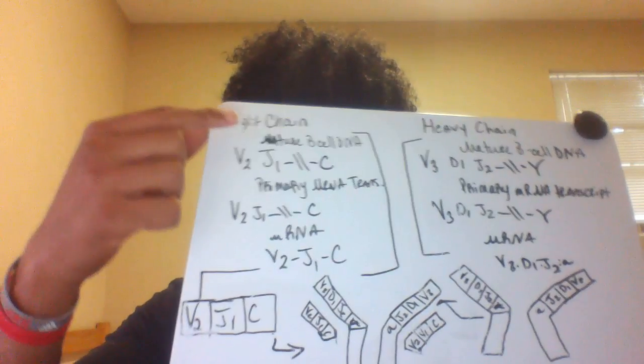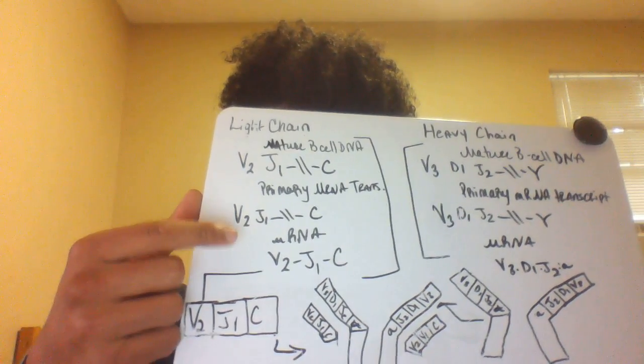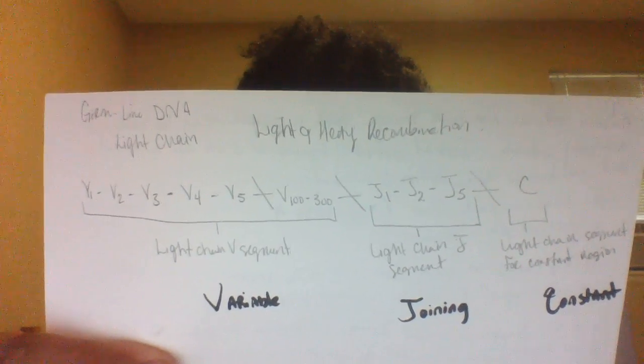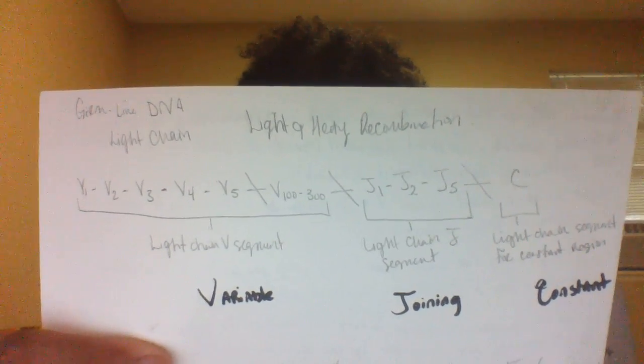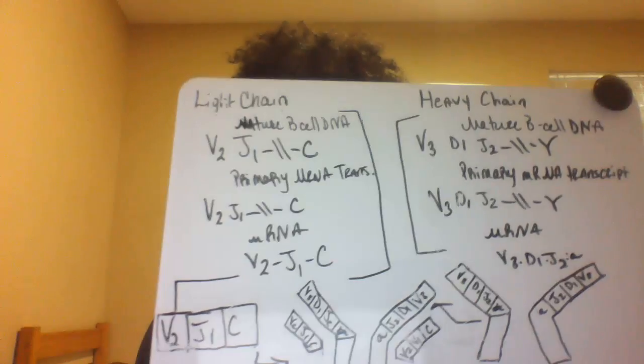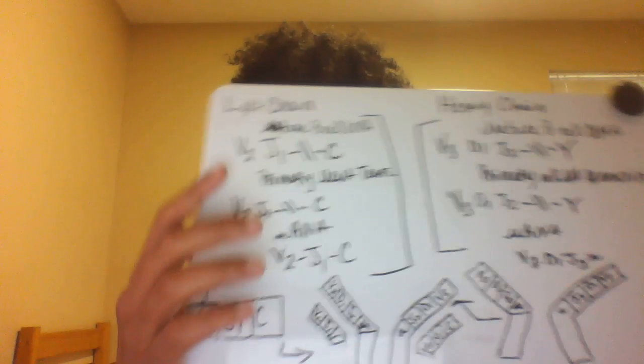So for the light chains, as you saw here, it goes from V1, V2, V3, V4, J1, J2, and J3. You can take any random selection of those to create the chain.